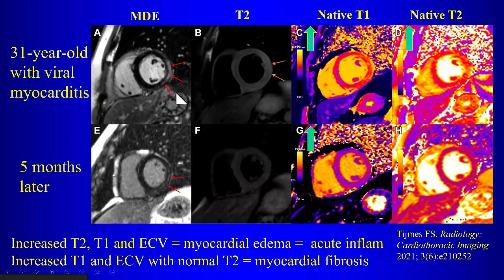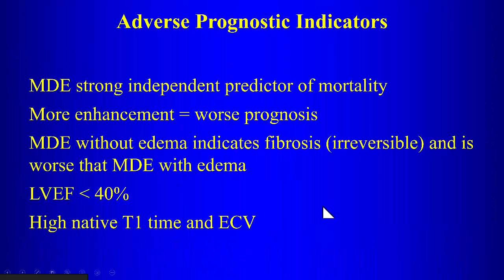Now 5 months later, the areas of enhancement go away, although there might be some residual delayed enhancement representing some areas of fibrosis, okay? The edema also goes away, so there's not going to be edema in the chronic stage. When you have fibrosis, you might have elevated native T1 times, but the T2 times should be normal because we don't have edema anymore, all right?